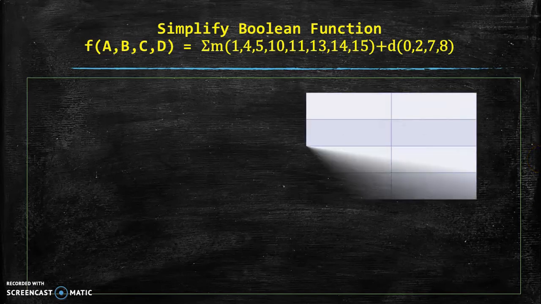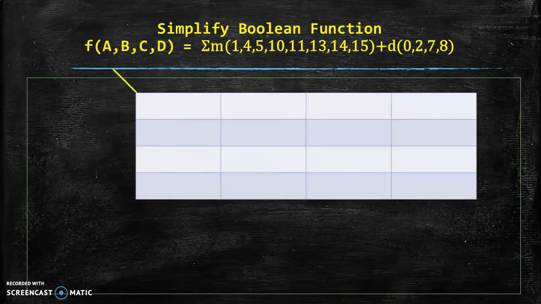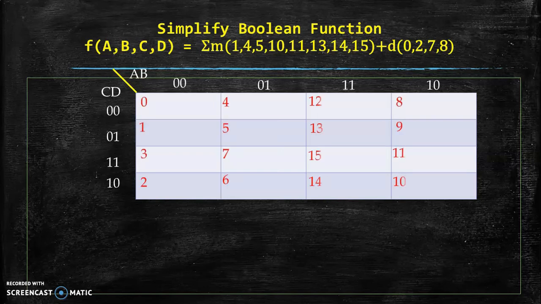So let us prepare a K-map with 16 cells as usual. For variables AB we have given numbers. For CD, again numbers are given. Equivalent decimal numbers are given to each cell. Now we write ones in the specific cells where minterms are given.